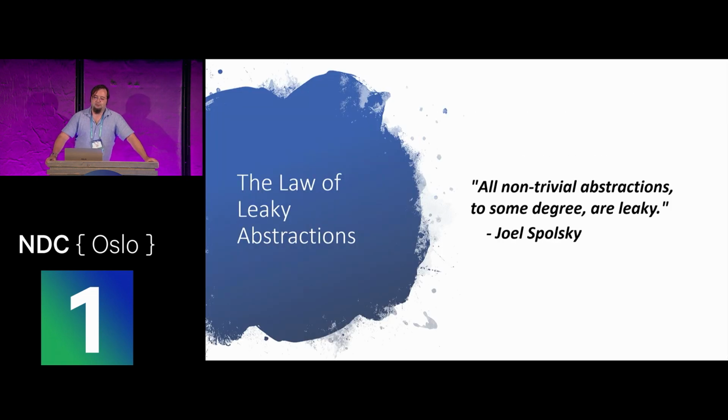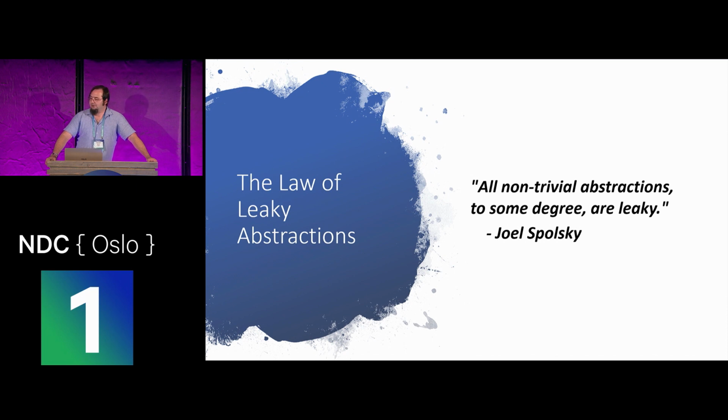Joel Spolsky, one of the founders of Stack Overflow, summarized it pretty well: abstractions, and a database is just an abstraction for a bunch of algorithms for indexing, storing and querying, are all leaky, and some abstraction leaks can cause performance problems.